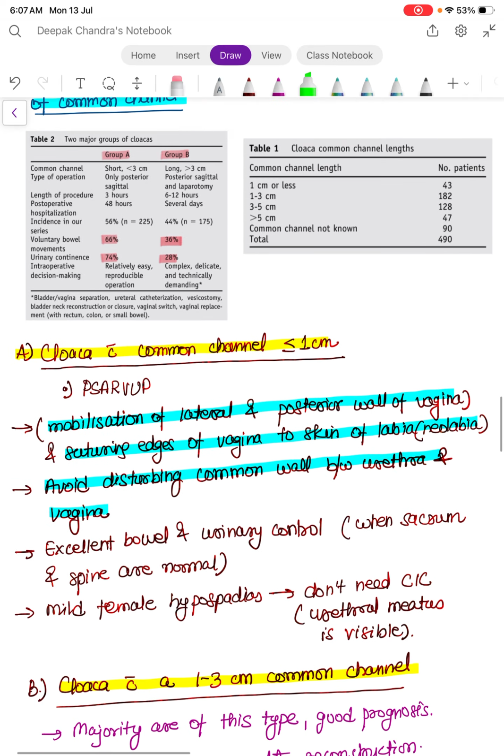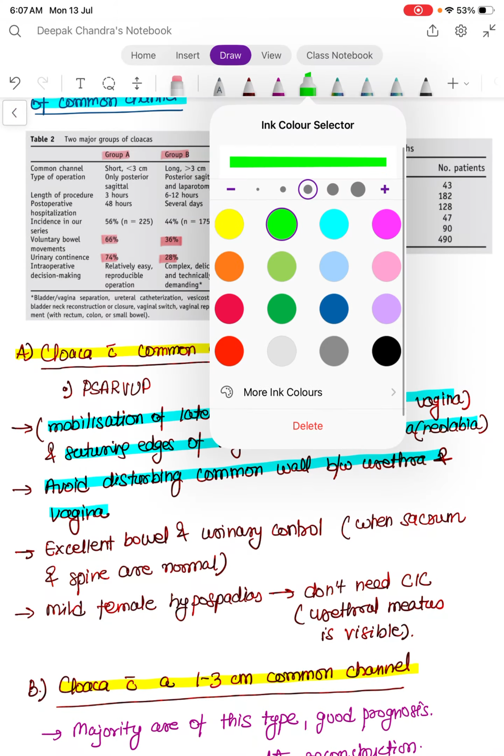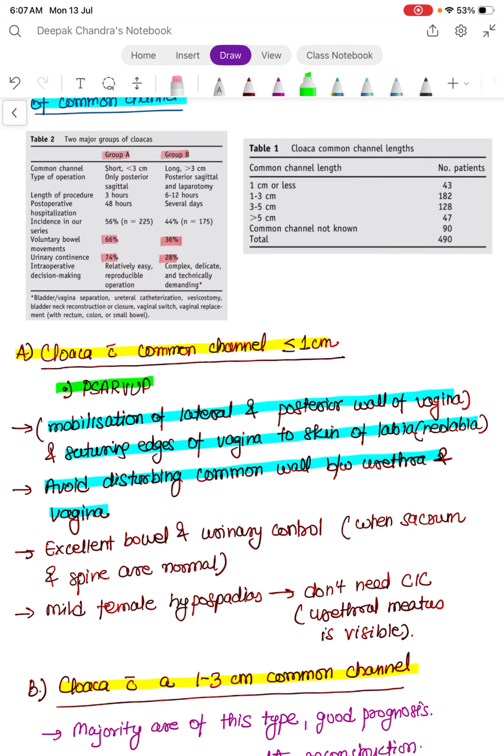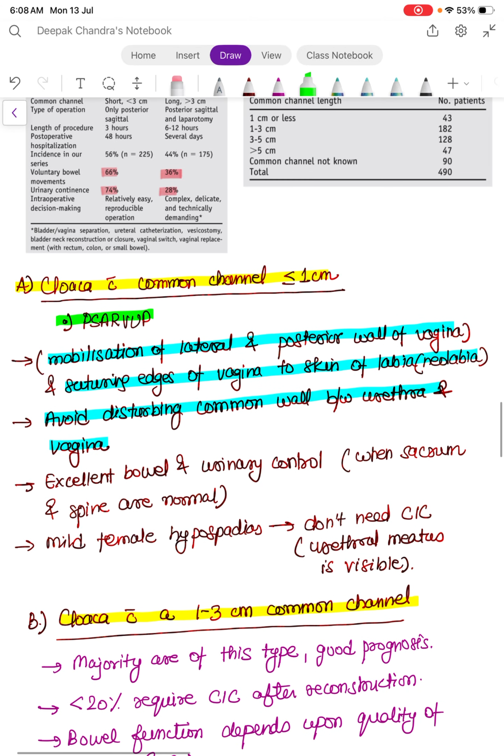So first we are going to discuss cloaca with a common channel of length less than 1 centimeter. The ideal procedure is PSARVUP. We do the mobilization of the lateral and posterior wall of the vagina after the traditional mid-sagittal separation of the structures, and suturing of the edges of the vagina to the skin of the neolabia.